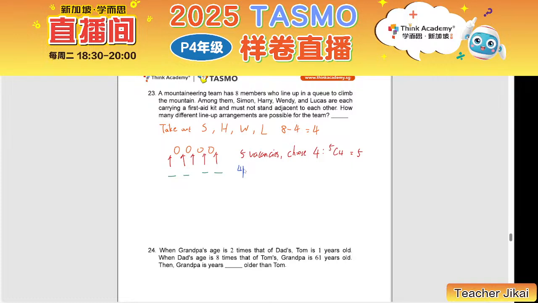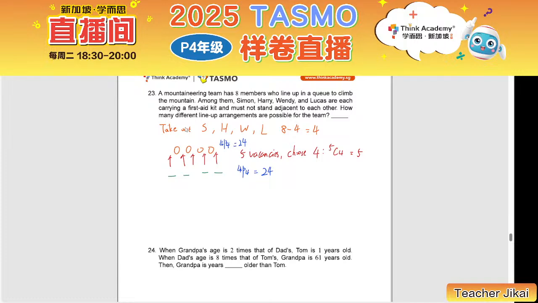So among them, 4 people, 4 vacancies. So 4P4, right? This is for Simon, Harry, Wendy, and Lucas. 4P4, so we know here is 24, right? So how about the other 4? Also 4P4, right? 24. So for the members except Simon, Harry, Wendy, Lucas, 24 ways, and we choose to insert them 5 ways, and then Simon, Wendy, Lucas, and Harry 24 ways.